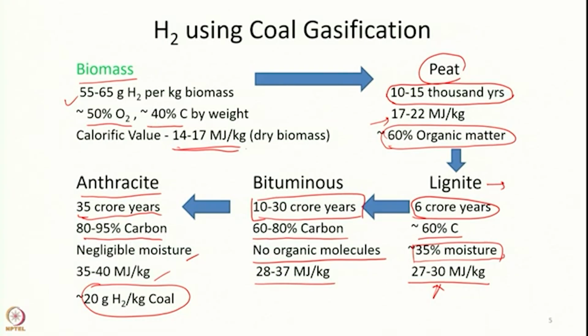Sorry. Yeah, so hydrogen content is very low, around 20 grams per kg of coal only. So that is the overall evolution of your coal from the biomass. That is why I kept these two together.